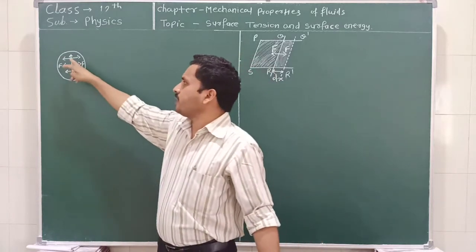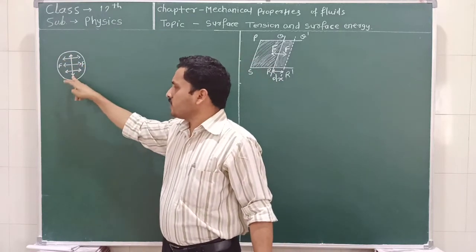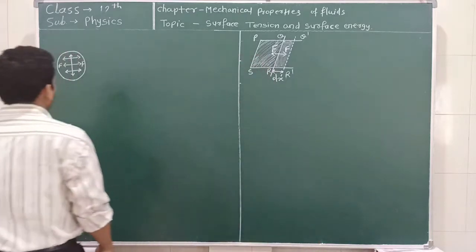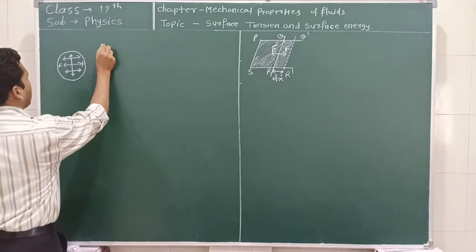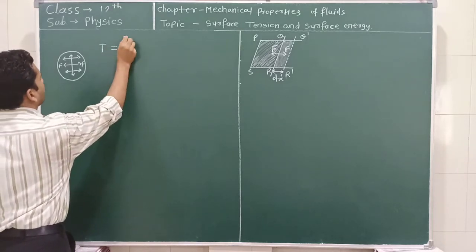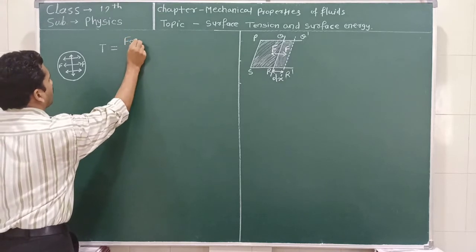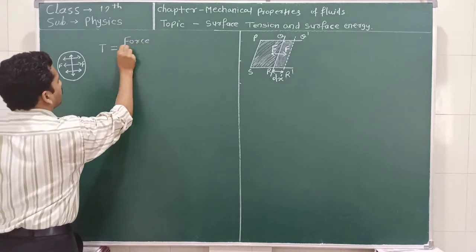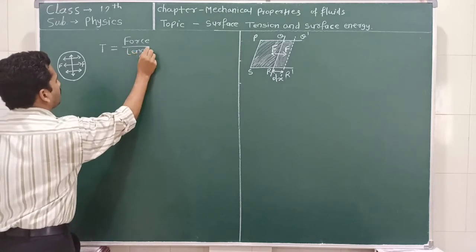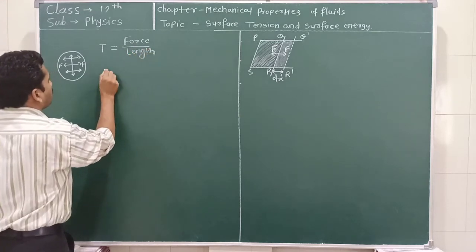If we consider that the length of this imaginary line is equal to L, then the surface tension, which is denoted by T, is nothing but the force acting per unit length. So, what is T?